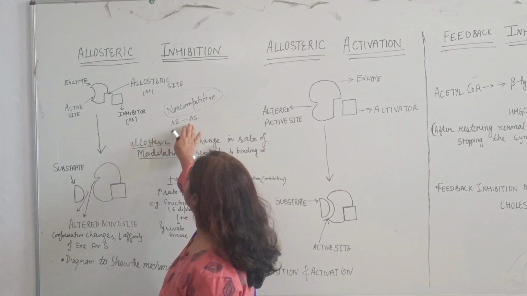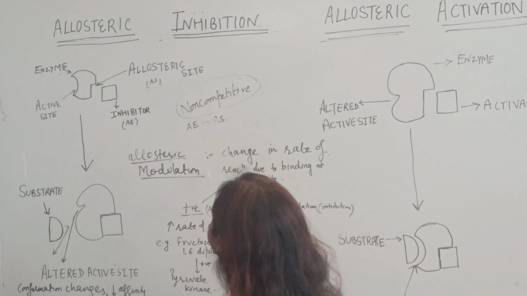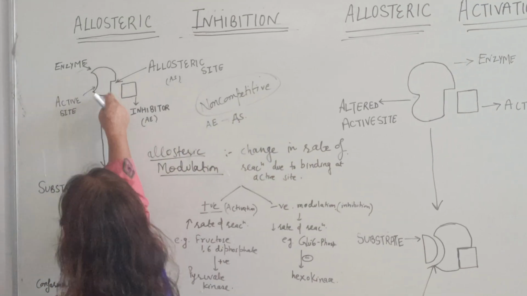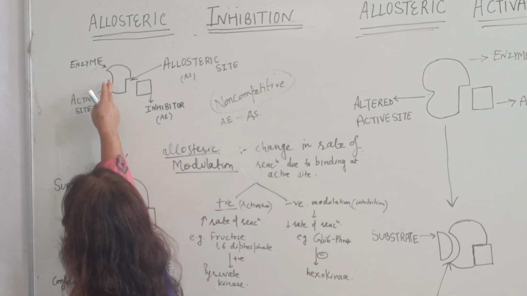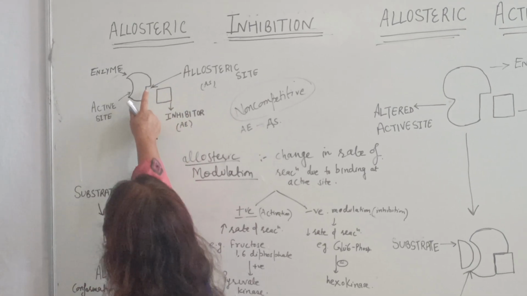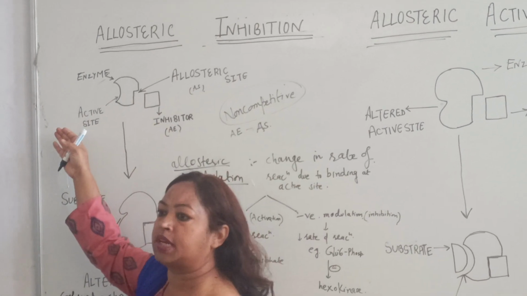Here we can see the enzyme inhibitor. What it does, it has its own allosteric site. That means this is the enzyme, this is the substrate active site, but the enzyme inhibitor has a different binding site other than the substrate.